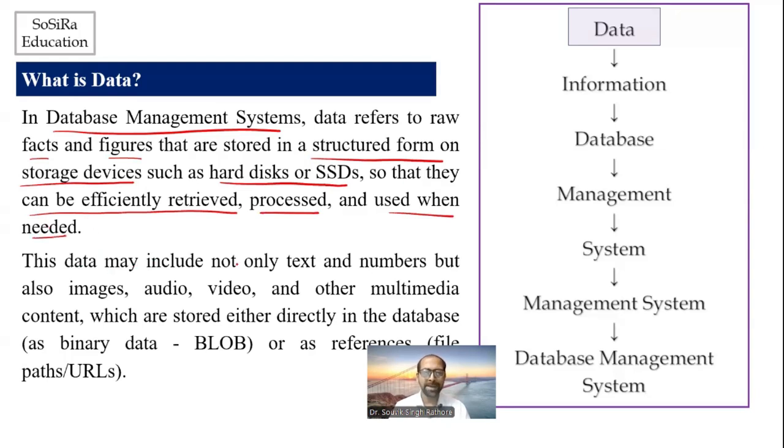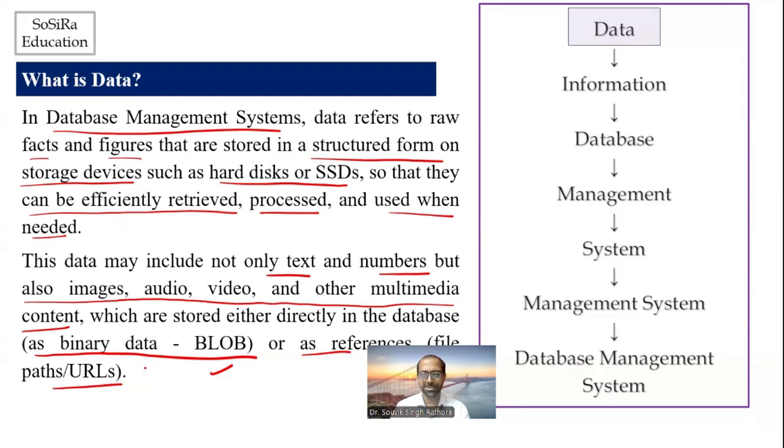This data may include not only text and numbers, but also images, audios, videos, and other multimedia content. This multimedia content is stored either directly in the database, in the form of a blob, or it may be saved as a reference, that is a file path or URL.